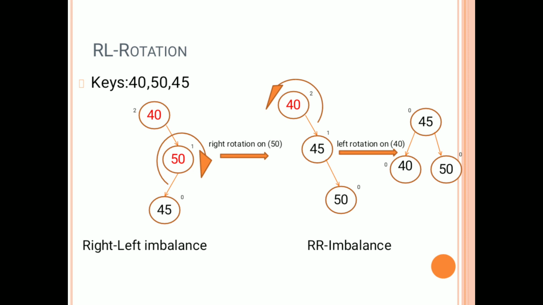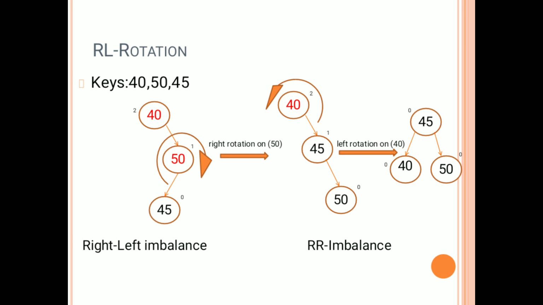In RL rotation we have to rotate the tree according to the imbalanced node position, first right. The imbalanced node is 50. 50 should be rotated to the right once. So 50 became the right subtree of 45, and 45 became the parent node of 50.